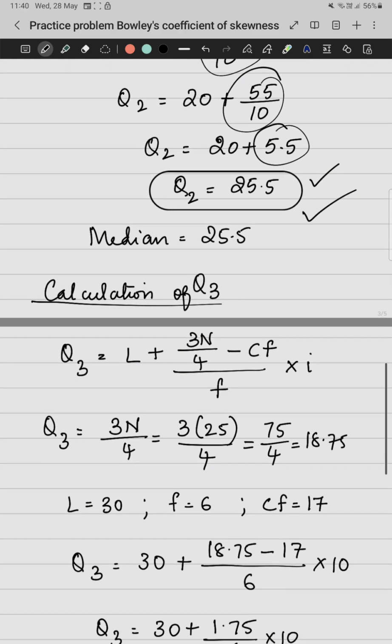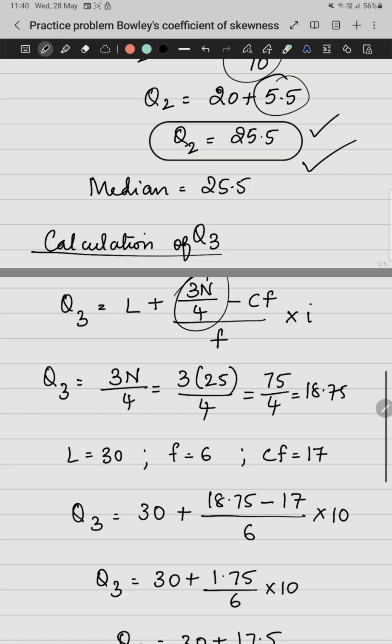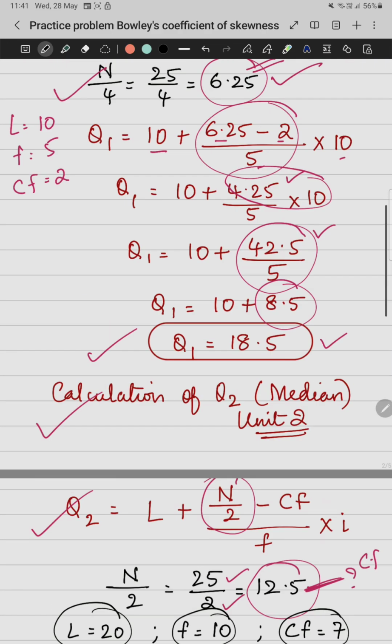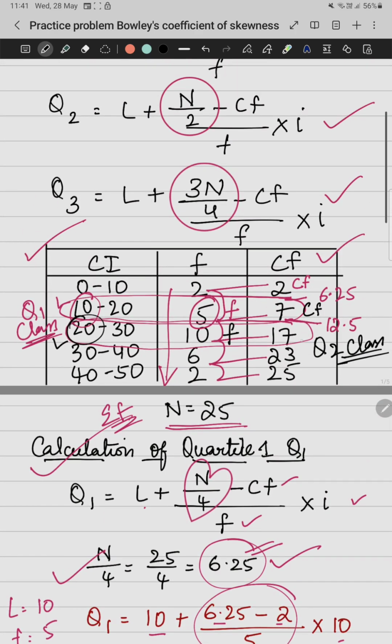Okay, next, calculation of Q3. Again, as I said, you find 3N by 4 for Q3. 3 into 25 divided by 4, that is 75 divided by 4, which is 18.75. Now where is 18.75 lying in the cumulative frequency? 18.75 lies in between here. That means this is the Q3 class.